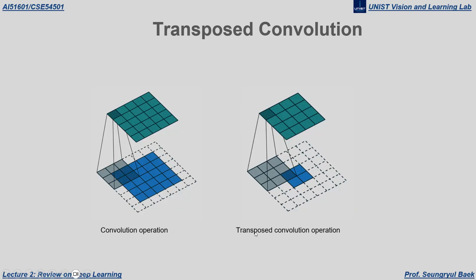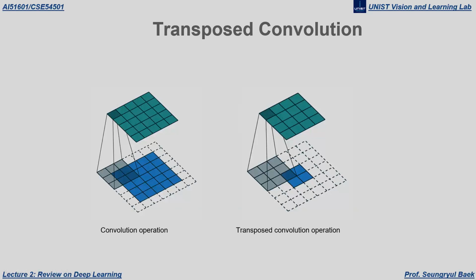And the transposed convolution operation is the same, okay? We also have filter values here, and the input signals are located here. We element-wise multiply these two things, and by adding them, we output 1 pixel of the output map.